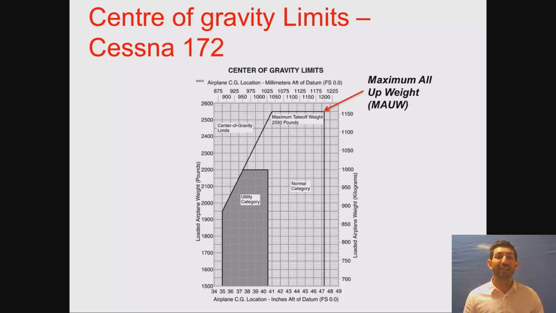the aircraft isn't designed to operate safely outside of this. So if you were to load the aircraft to say 2,700 pounds, and you came in for a landing, you tend to find that over a period of time, the landing gear, for example, is designed to take enough of a force for an aircraft of 2,550 pounds.